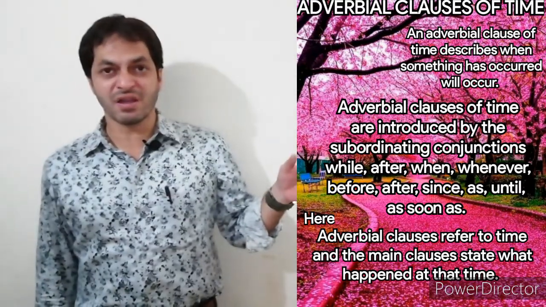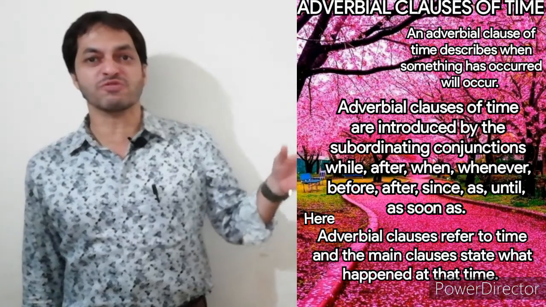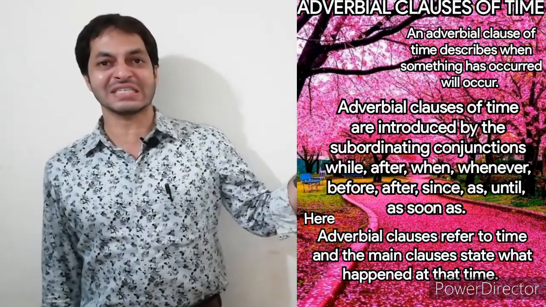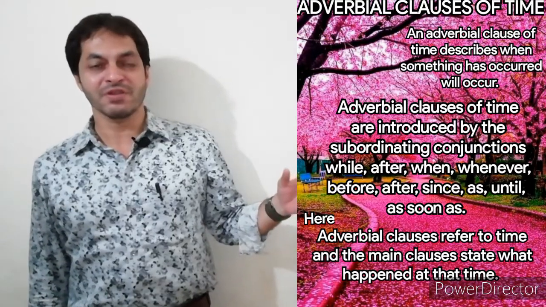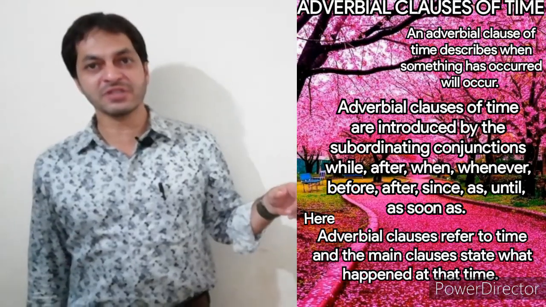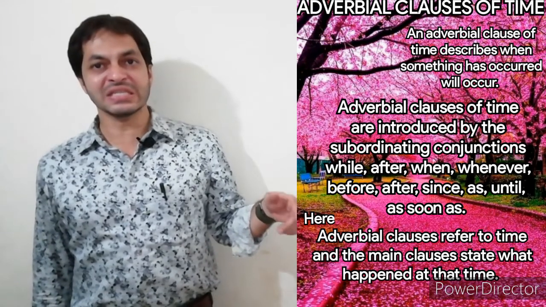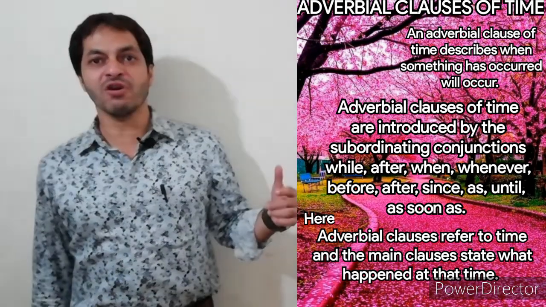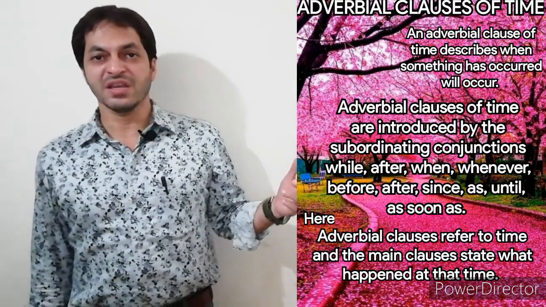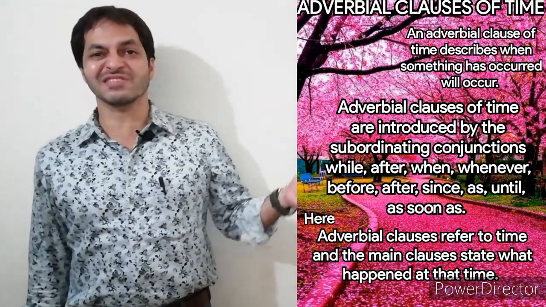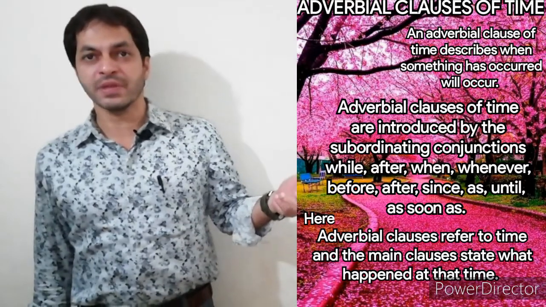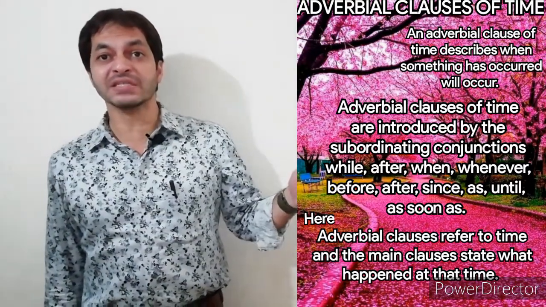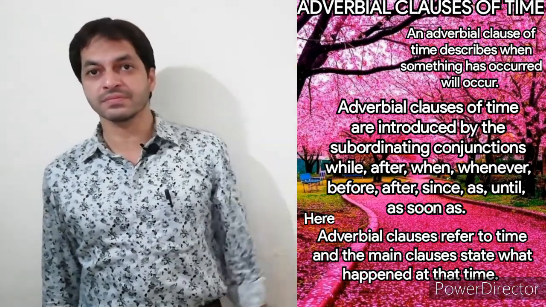These clauses are introduced by the subordinating conjunctions such as when, whenever, as, since, as soon as, until, before, after. Here adverbial clauses refer to time and the main clauses state what happened at that time.